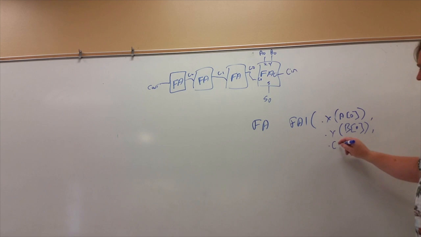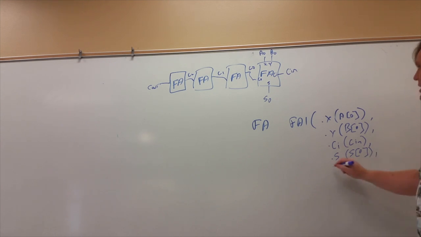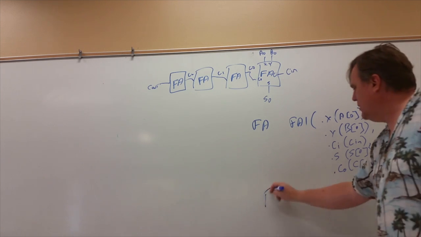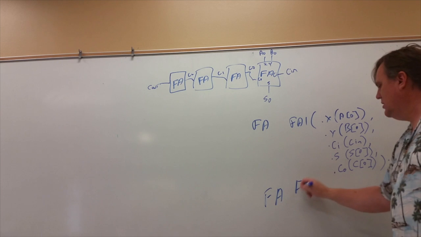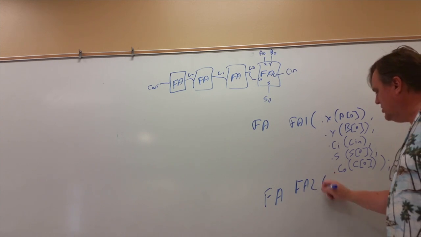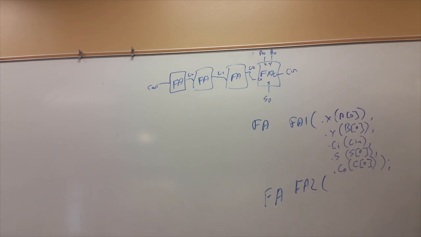And CI gets C in, and S gets S bit 0, and .co gets C bit 0. And then I can have my next full adder, FA2, and I could set it up with its own one.